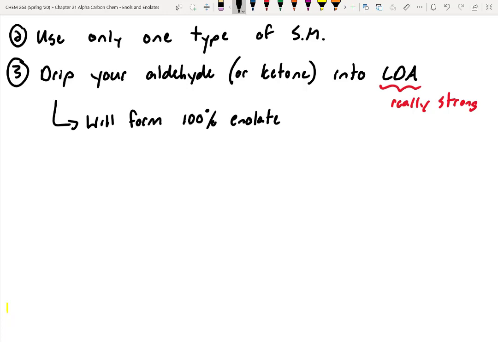All right, then what you want to do after that is add your second aldehyde to your enolate.